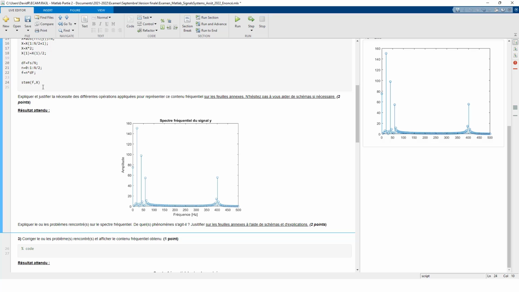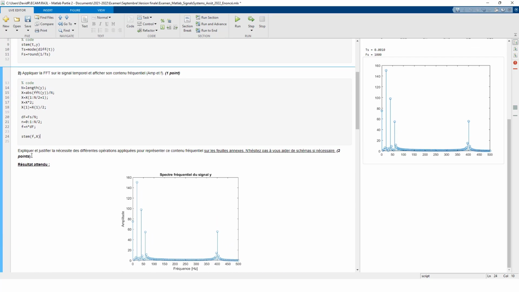Alors le jour de l'examen, il fallait rajouter le titre, les légendes des axes, etc. Pour la résolution ici, je ne pense pas que ce soit nécessaire. On nous demande ensuite, sur une feuille à part, d'expliquer et de justifier la nécessité des différentes opérations qui ont été appliquées pour représenter ce contenu fréquentiel.